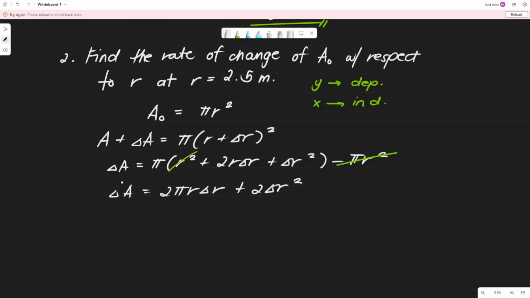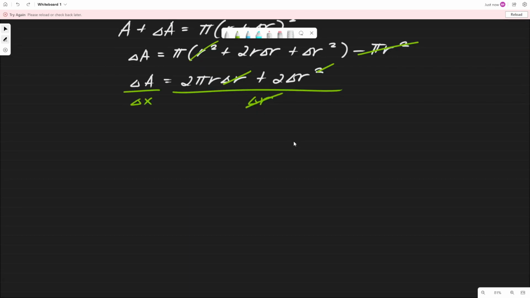Okay, so divide both sides by delta r, no? Since meron tayong delta r on the numerator, we can cancel it out. So we'll have delta A over delta r is equal to 2 pi r plus 2 delta r, no?